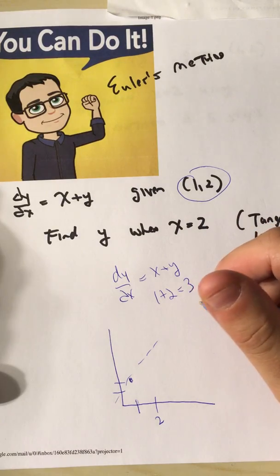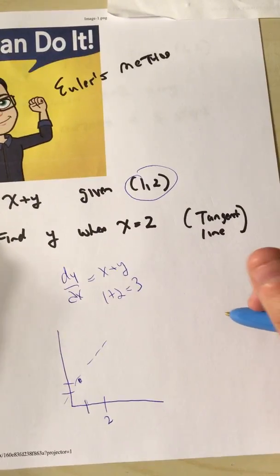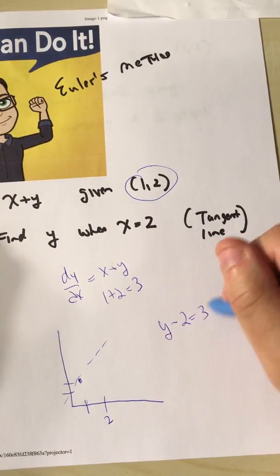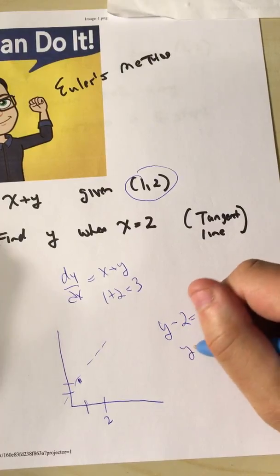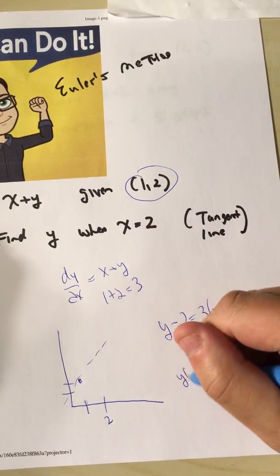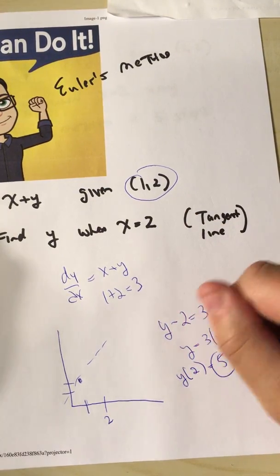I can actually find the tangent line. Y minus 2 equals 3 times (x minus 1). And when I plug in 2, I get 5.